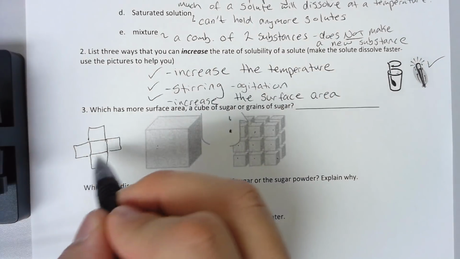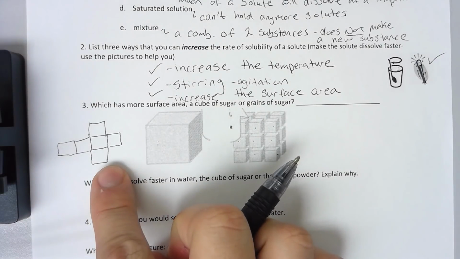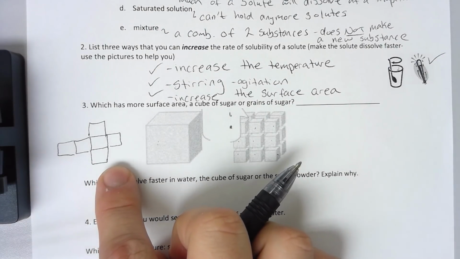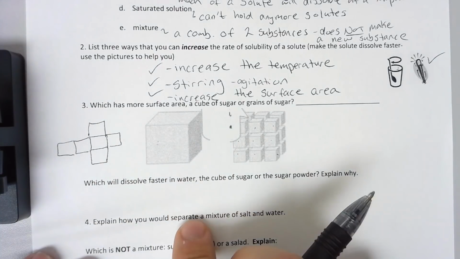No, that's only the four sides, so I need another one to top the cube. Surface area means if I make it flat, what is the most amount of space it takes up? So thinking about this, which one would have more surface area?